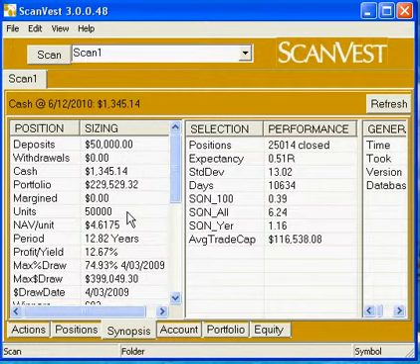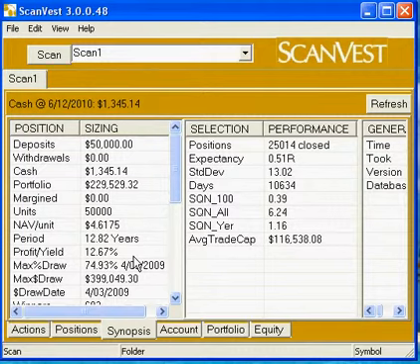So we have 50,000 units. Each unit is currently worth $4.6175. And this is over a period of 12.82 years. The profit yield of this sort of return from $1 to $4.6175 is 12.67%, and this is compounding per annum.